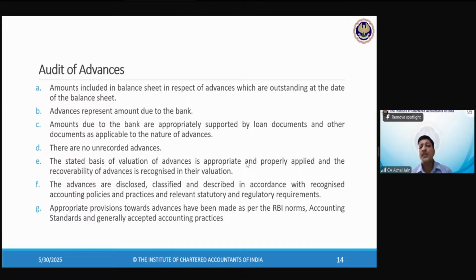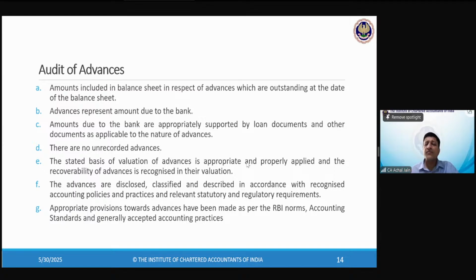Then Rihanna has also given some classification criteria: sector wise, security wise, and on the basis of prudential norms. Tanu says it's prescribed by RBI. So I'm assuming that if it's prescribed by RBI, this is something which is going to be mandatory. Correct? Okay.